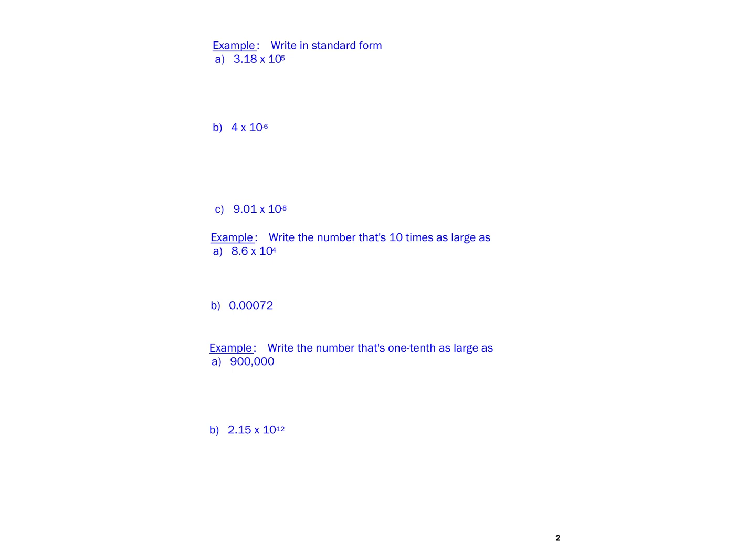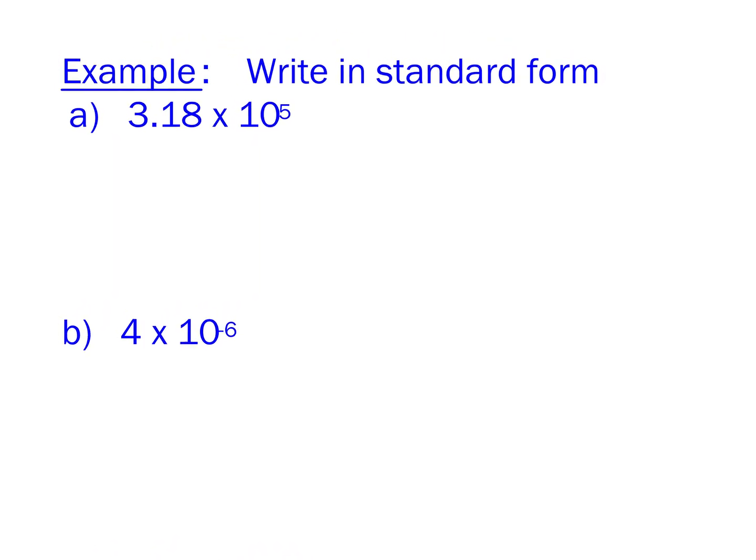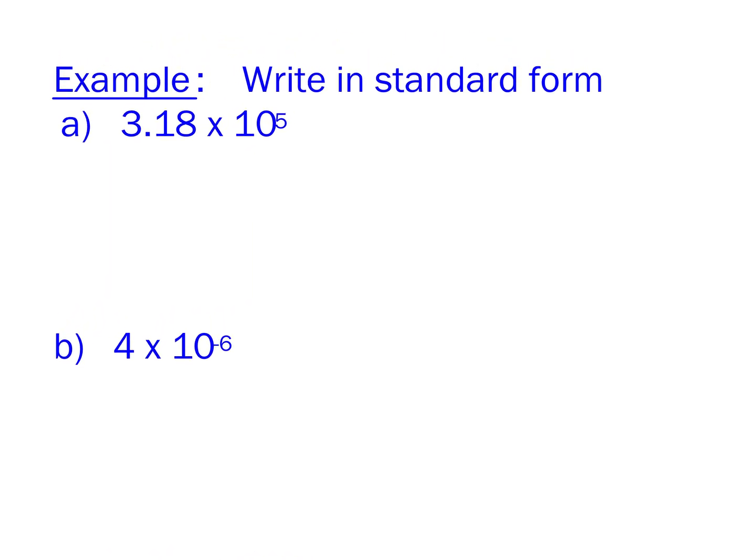All right, let's do some more examples. Here, we're going to write these numbers in standard form. Pay attention to the word standard form. Standard form is just give me what the number is. None of the scientific notation stuff.